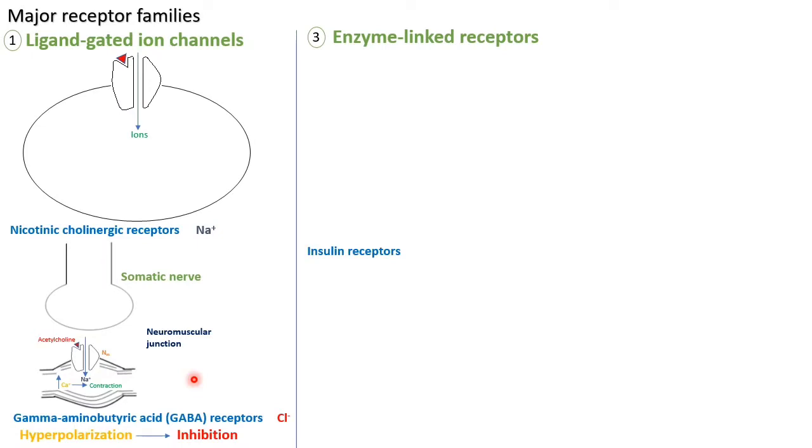A classic example of these receptors are the insulin receptors. Let's see how these receptors work. This is the receptor of insulin, and insulin binds here to these subunits outside the cell.